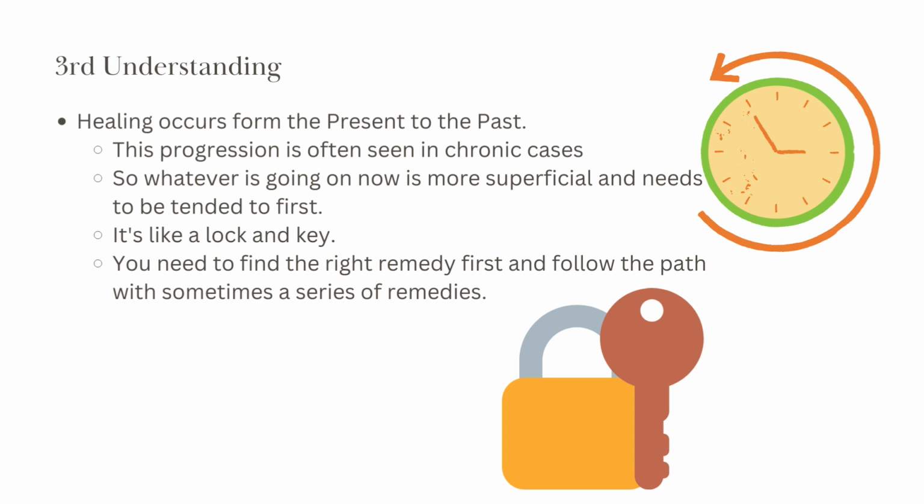So what's going on right now is often more superficial and will need to be tended to first. It's like a lock and key, and you need to find the right remedy first, which follows the path. And you'll sometimes need a series of remedies to continue to unlock each moment back to the past where the initial trauma happened. And so being able to treat that initial trauma is what's going to unlock the whole case. But you'll often need to start with what's surfacing right now in order to unlock the case.